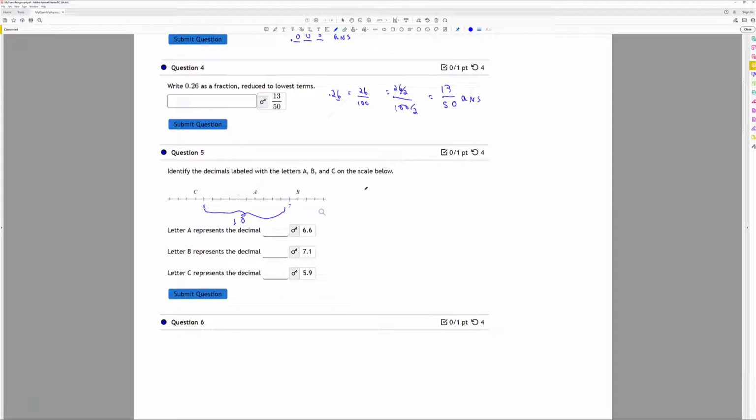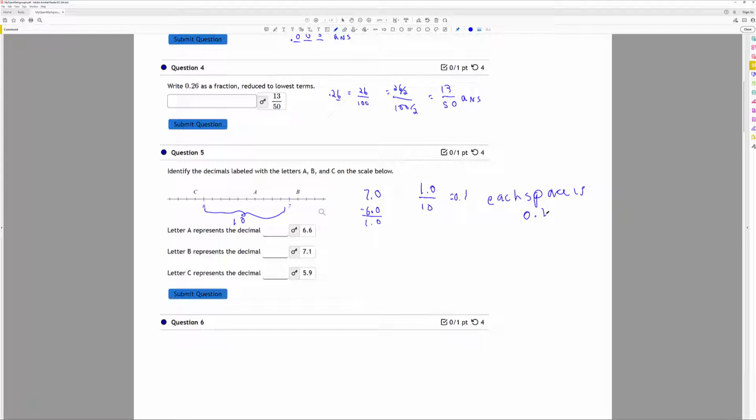Okay, so if I have 7.0 minus 6, and it was 1. Now if I take that 1 and divide it by 10, I end up with 0.1. So each space is 0.1.